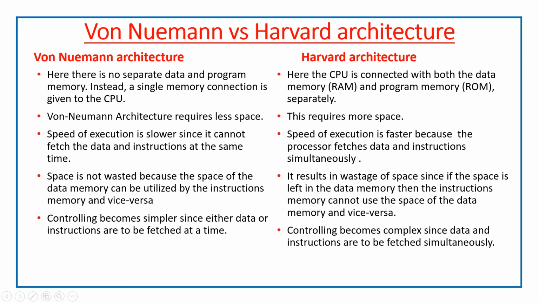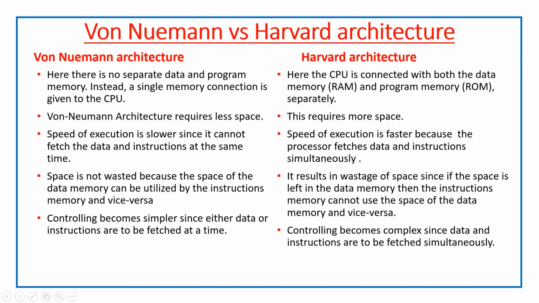So what are the comparison? First comparison is no separate space is there for data and instruction. Instead, there is a single memory for data and instruction in von Neumann architecture. In Harvard architecture, we can see that there is separate storage for data and instruction.